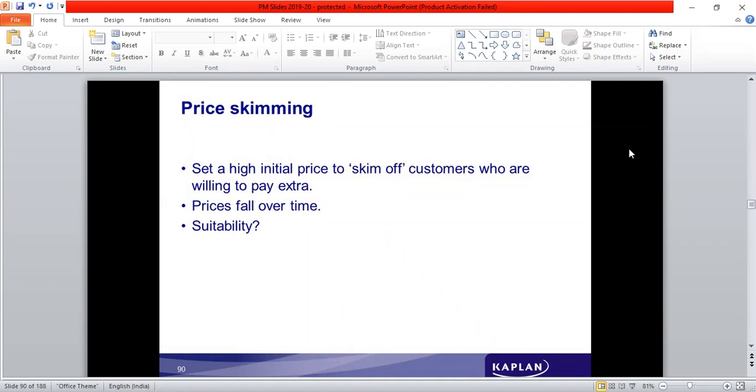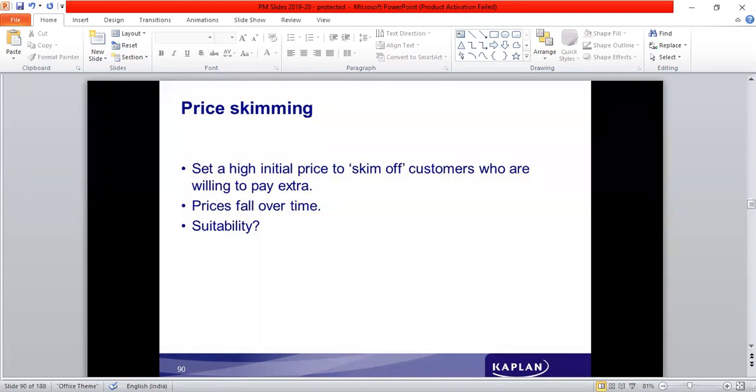We see this concept in almost all electronic products and the latest things, the mobile phones, the cell phones. When the products are launched, they are launched at a higher price. Later on, some time after the product is launched, the prices are brought down. You must have experienced that.